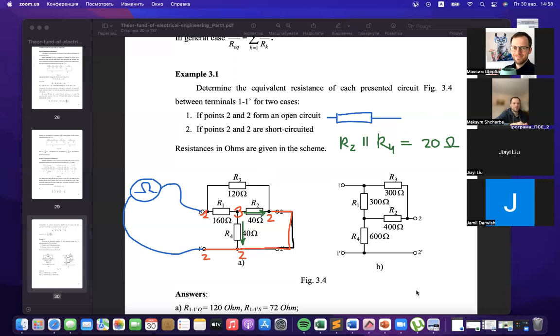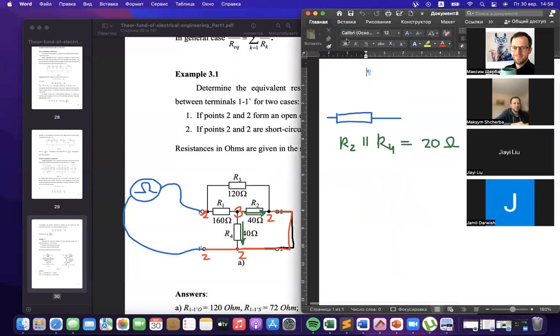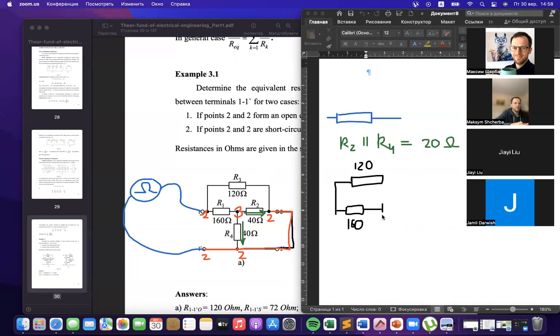You will have a circuit with 120, 160, and instead of these two, you are adding 20. At what point should you add it? Between 3 and 2. Between point 3 and point number 2.